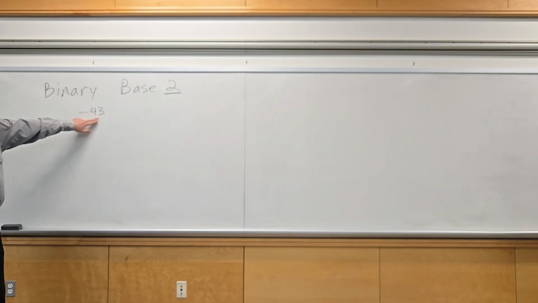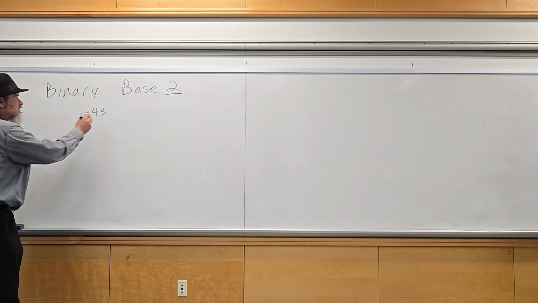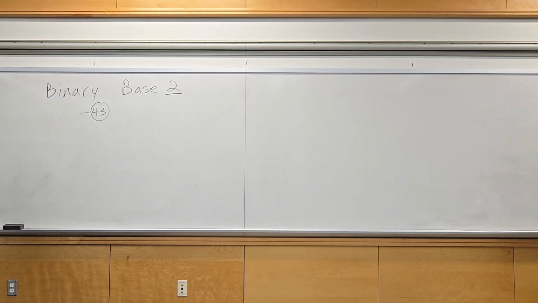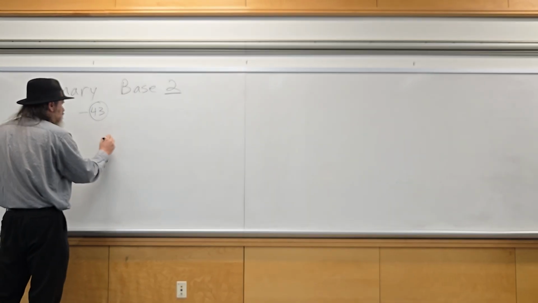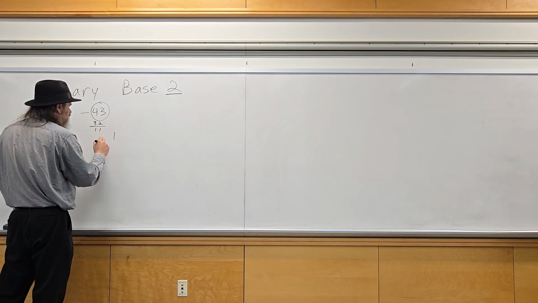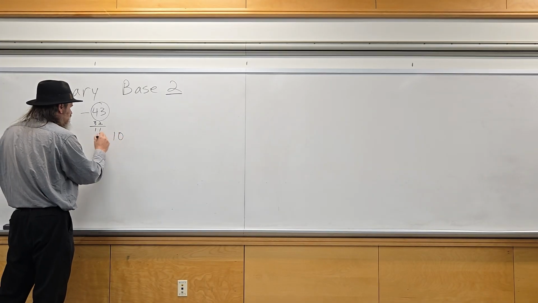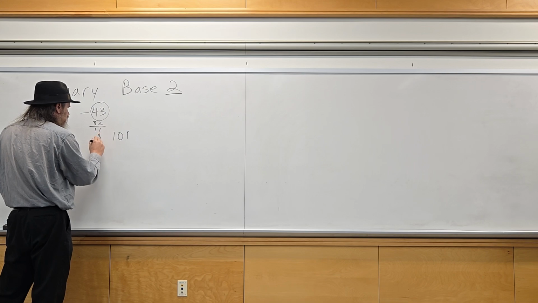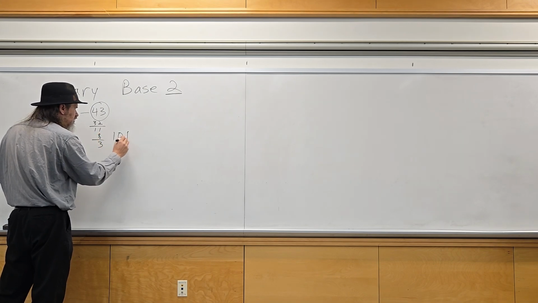First, convert the magnitude of the number into binary. So you have a 32 in there, 32 times 1. You don't have a 16. You have an 8. That's 3.